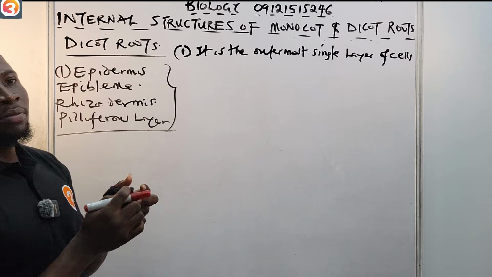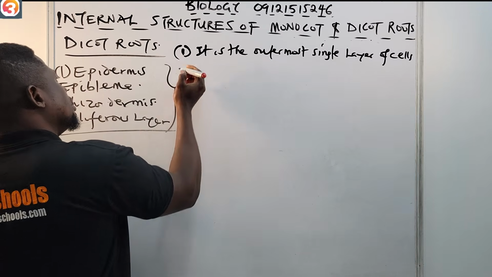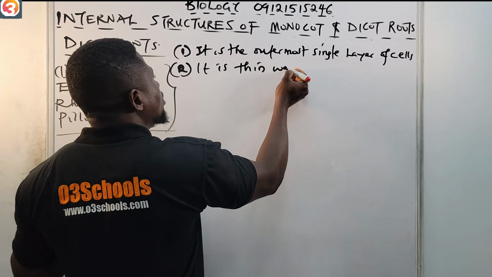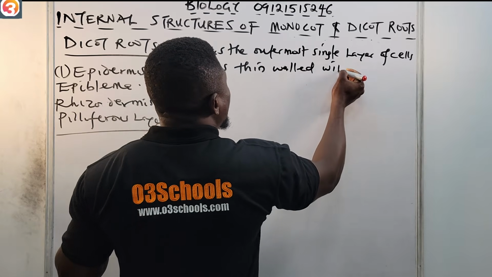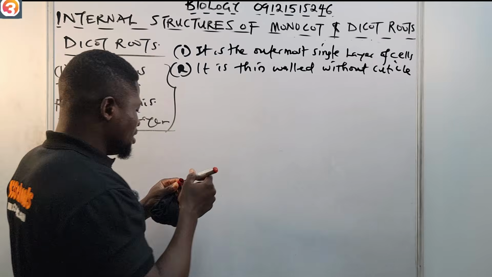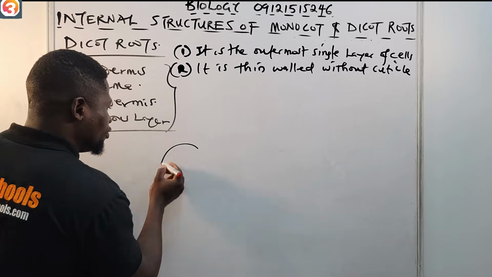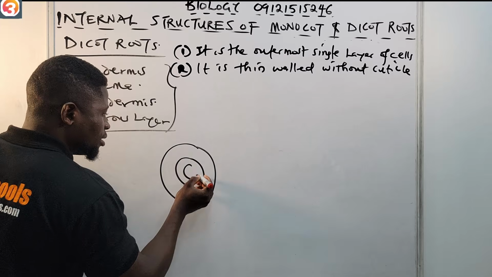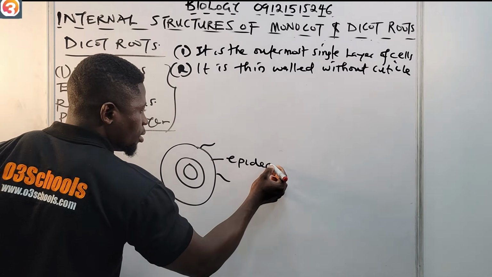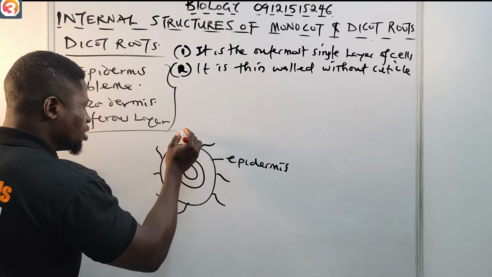Of course, aside from this, number two, the epidermis is thin-walled without cortical. And if you see this epidermis here, on top of it you can see some root hairs.